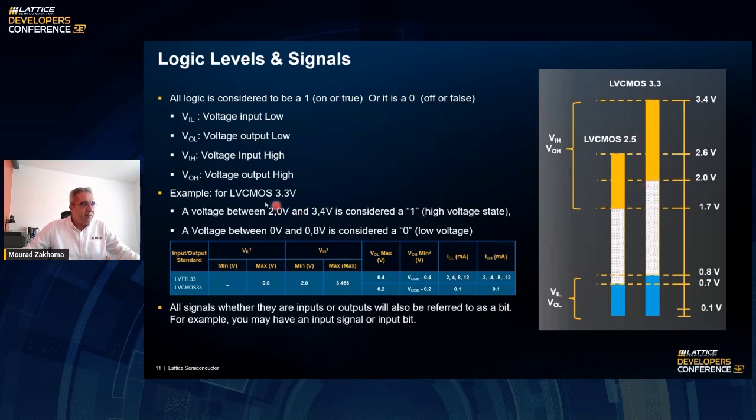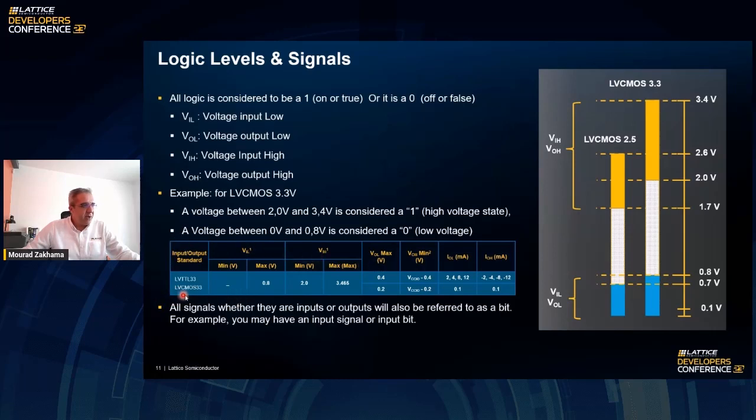And the same thing will apply for output. So the device will output a signal that is compliant to the standard. Same thing for LVCMOS, so the VIL is 0.7, and VIH is 1.7 to 2.6. And the output high or low voltages are listed in this table. This is a table that we take from the datasheet of each device, where you're going to find all these specifications.